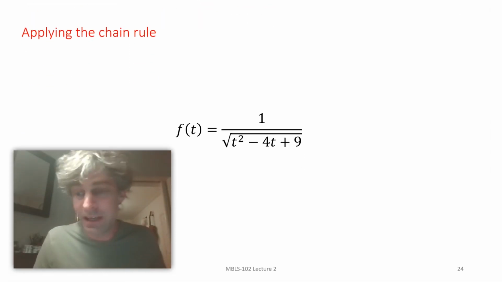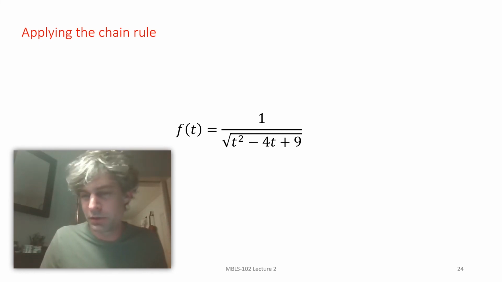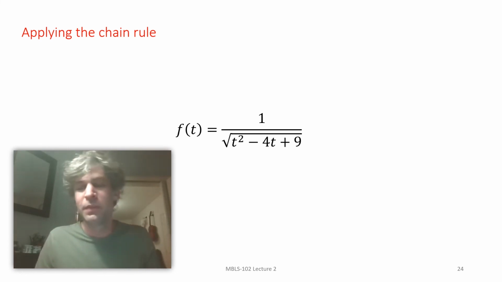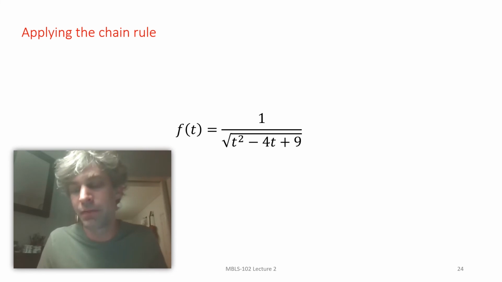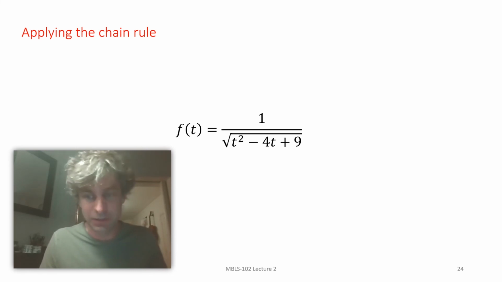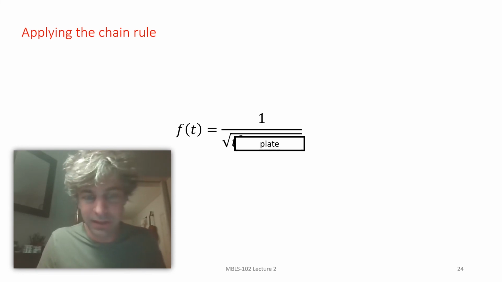So the method I like to use for the chain rule is called the plate method. And well, the chain rule is all about having one function inside another function. So what's the inside function here? It's t squared minus 4t plus 9. And to figure out what's the sort of outside function, then you can put a little plate on top of that one and see, oh, what do I have left?